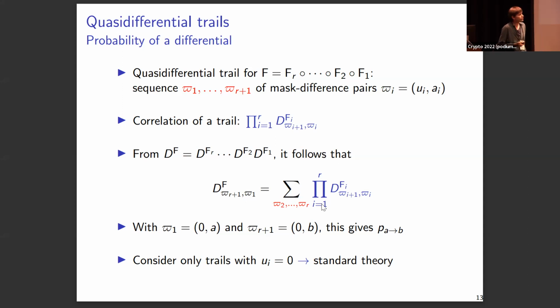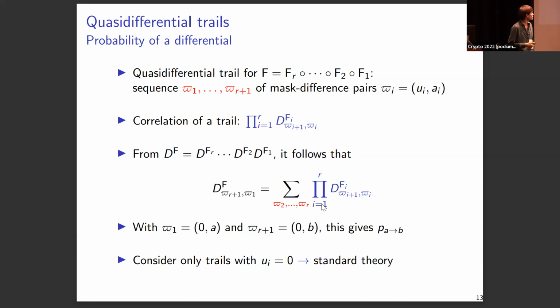They are sequences of pairs of masks and differences. And the products here are what we call the correlation of a trail. This is useful because the correlation of trails is usually easy to compute, because your functions f_i do have some structure that makes it easy to compute these quasi-differential transition matrices.